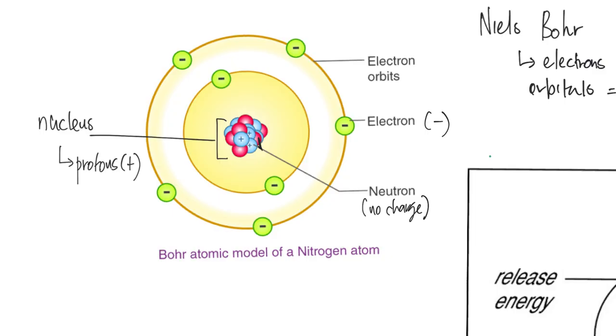Now your electrons are on these electron orbits, or we can call them electron shells. And depending on where you are, you're on different sorts of shells. So if you're on the first shell, those electrons are called core electrons.